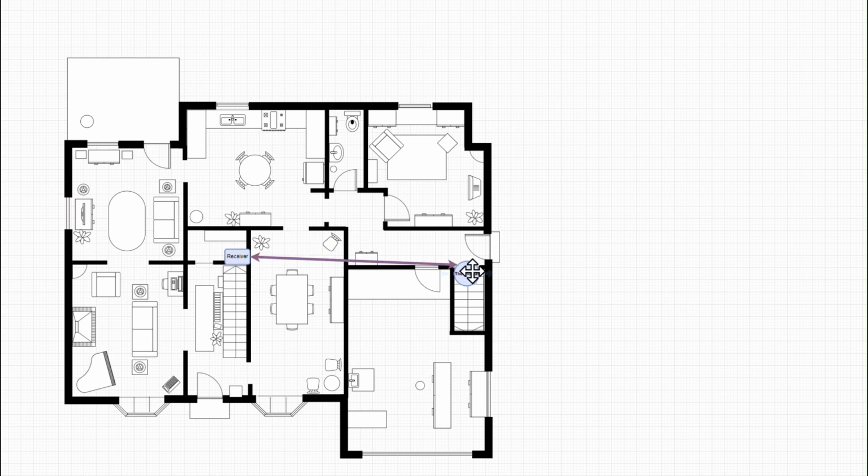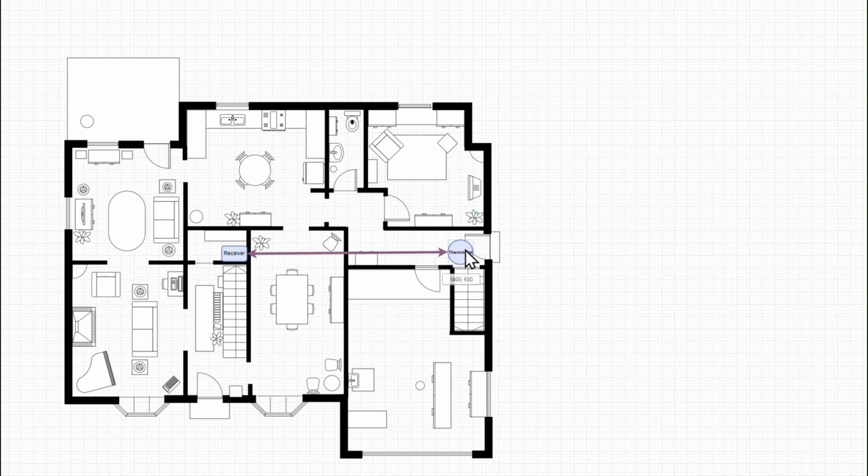So here you can see, let's say if a thermostat was positioned here, then it's probably okay. The signal would pass through this one wall here, this wall here, and a bit of distance, probably about 10-15 meters. Should be absolutely fine.